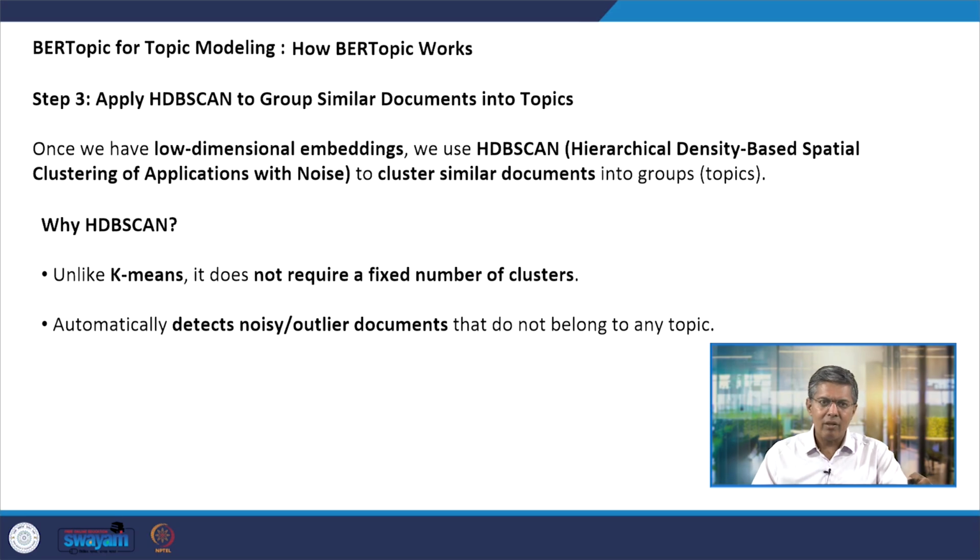Unlike k-means clustering, it does not require a fixed number of clusters. In k-means, we were telling how many clusters we want to form, whether 2, 3, 4, 5, whatever it is. Here you do not need to fix the number of clusters. That is a big advantage, and it automatically detects the noisy outlier documents that do not belong to any topic. There might be some unrelated topics or outliers, and that is automatically detected.